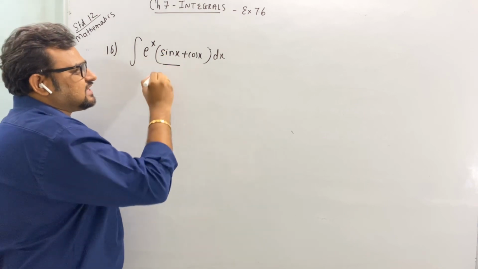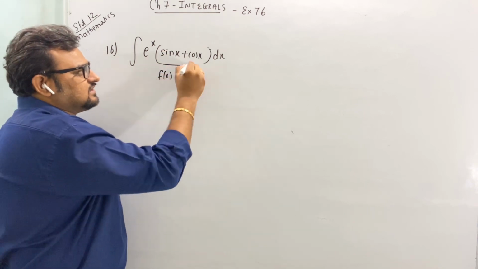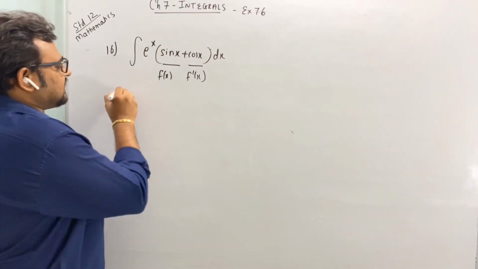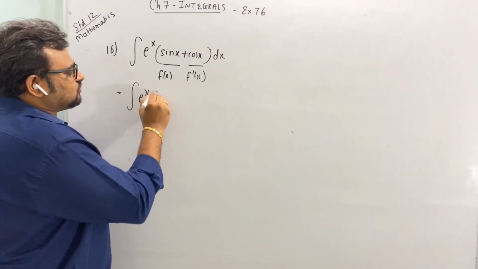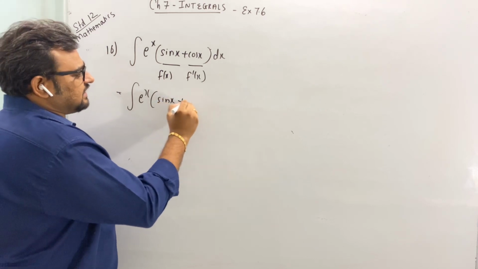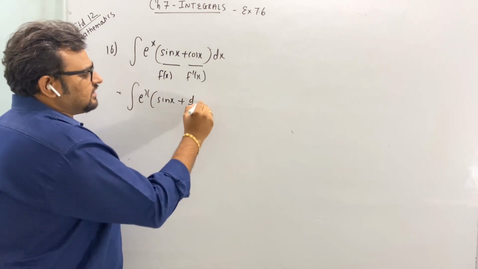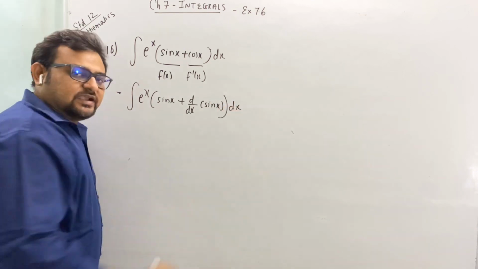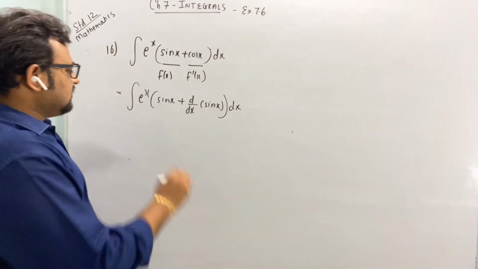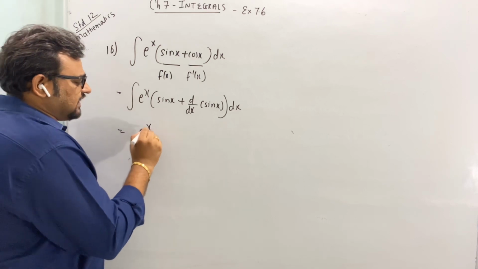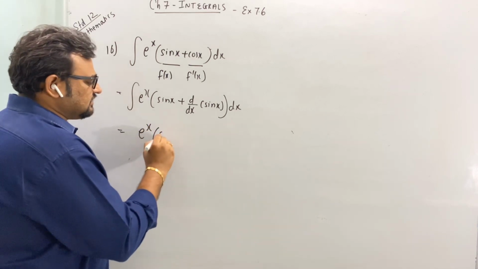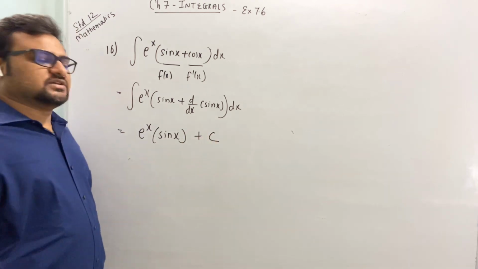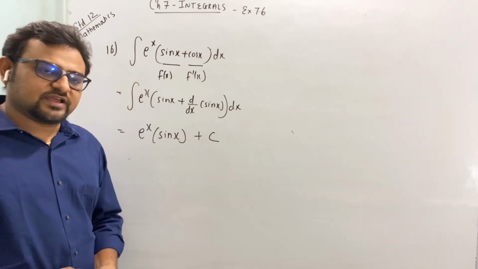But if I take sin x as f(x), the derivative of sin x will be f'(x). So I can write it as e raised to x times (sin x plus d by dx of sin x) dx. So this will be equal to e raised to x times f(x) plus c, which is e raised to x sin x plus c.